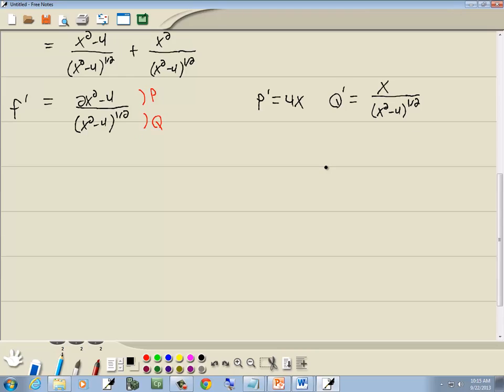Now we're going to do something a little bit different with it formula-wise than up above. So our formula for the quotient rule is p prime q minus p q prime over q squared.